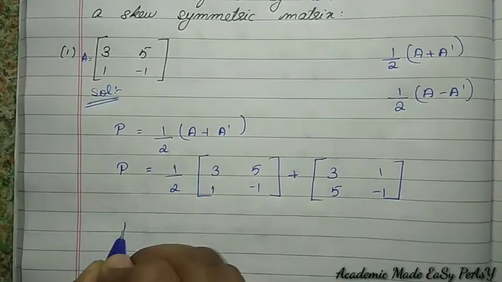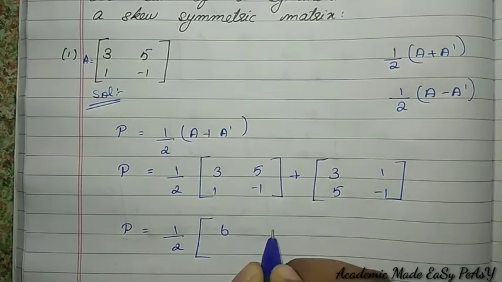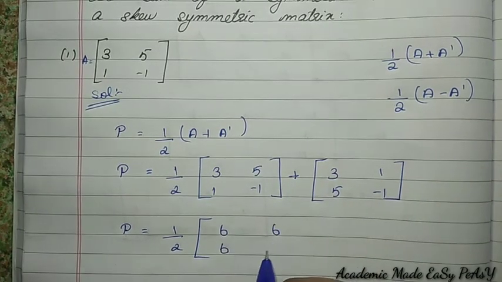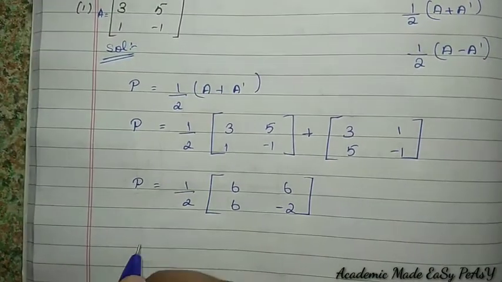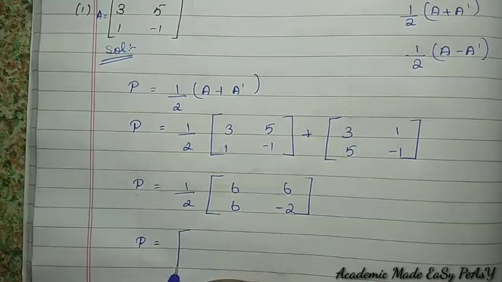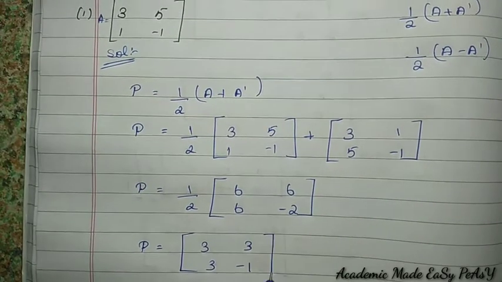So P is equal to half of 6, 6, 6, minus 2. Therefore, P is equal to 3, 3, 3, minus 1.